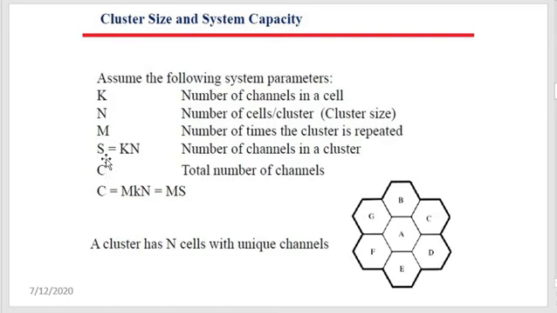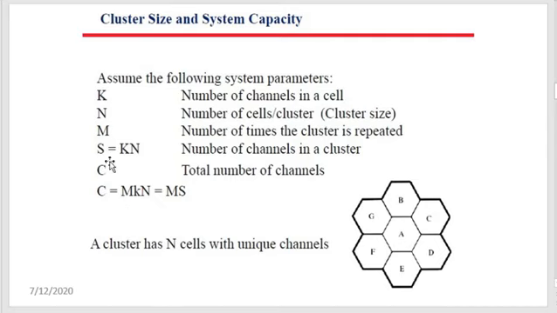So S is equal to what? K into N. What is K? Number of channels in a cell multiplied by the total number of cells, 1, 2, 3, 4, 5, 6, 7, would give us the number of channels in a cluster. Understood? So C is basically capacity.